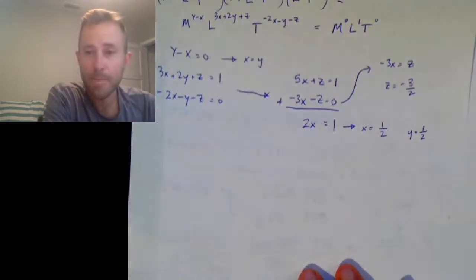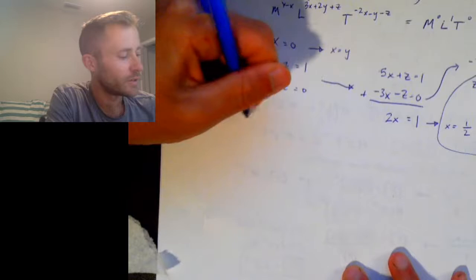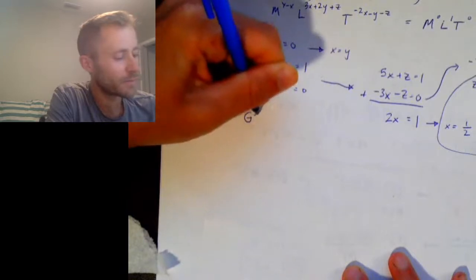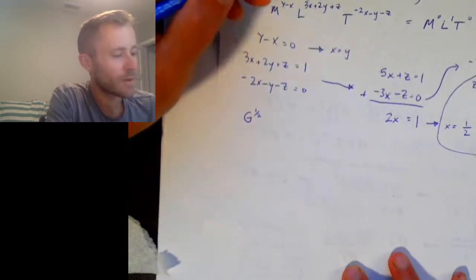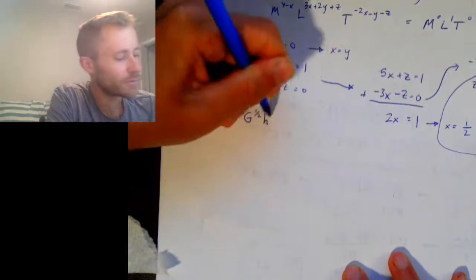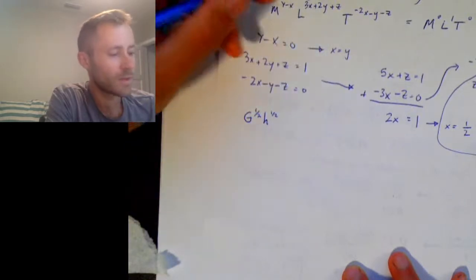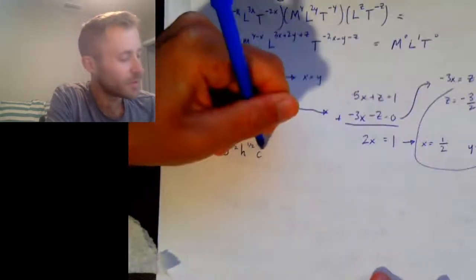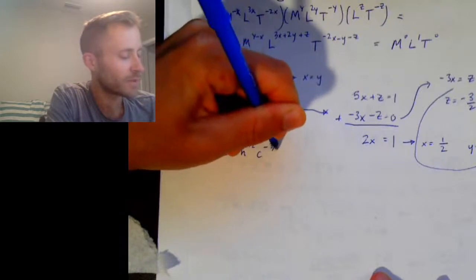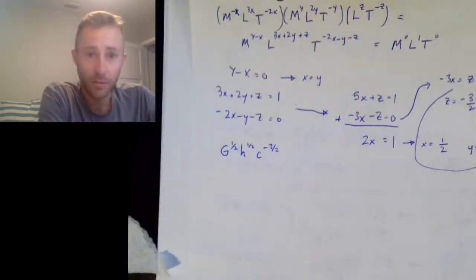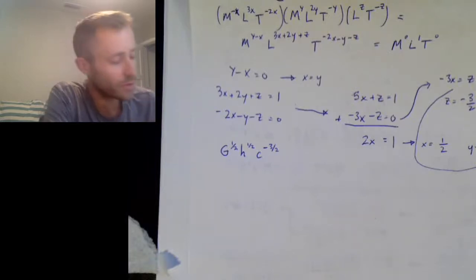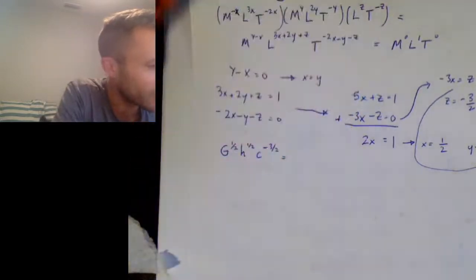Okay? So this has solved this equation. So that means that g to the 1/2, h to the 1/2, c to the minus 3/2 has units of length. And this length has a special name. It is called the Planck length.